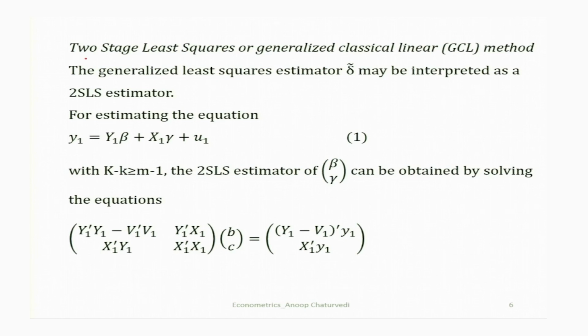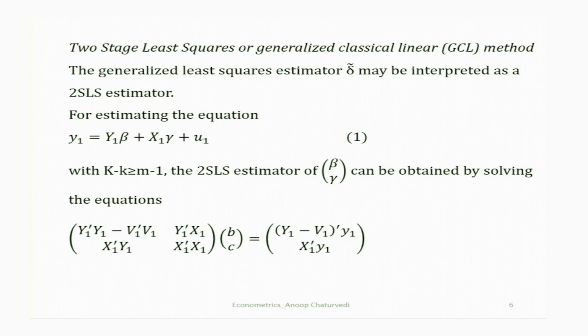So, now we consider the general form of two stage least squares or generalized classical linear method. Actually, the generalized least square estimator delta curve may also be interpreted as a two stage least square estimator.